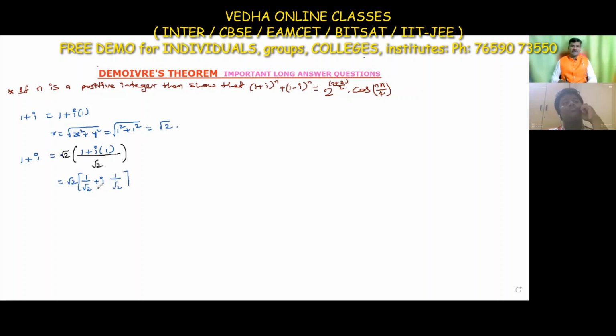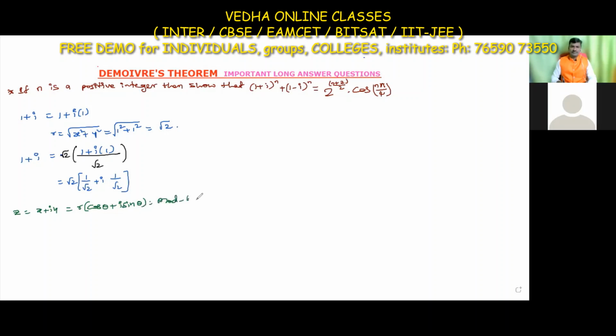Now we are going to convert it into modulus-amplitude form. What is modulus-amplitude form? z = x + iy = r(cos θ + i sin θ).